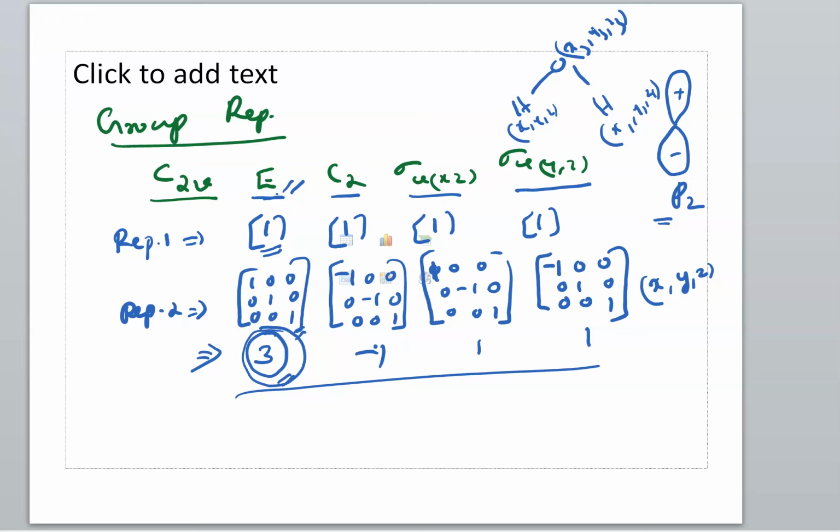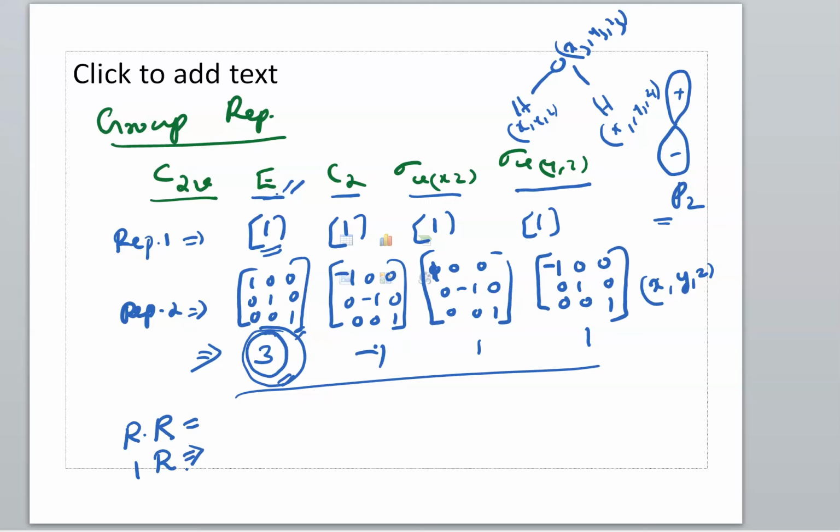Only some of them are unique, and these unique representations are called irreducible representations. We know that there are two types of representation: reducible representation and irreducible representation. Reducible representations we can write in many numbers, but irreducible representations are finite. Only a finite number of irreducible representations is possible for a particular point group.